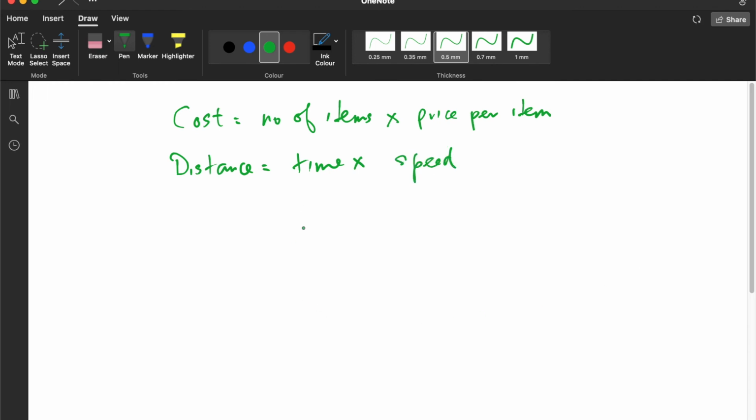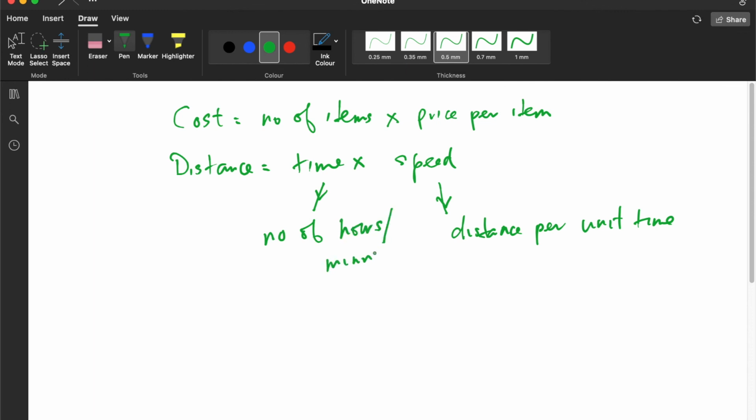Now, these two formulas are actually very, very similar. Let's take a look at speed. What is speed? Speed is equal to distance per unit time. Isn't it similar to price per item? And what is time? Time is actually the number of whatever time units you need. It can be hours, minutes, or seconds, depending on the particular question.